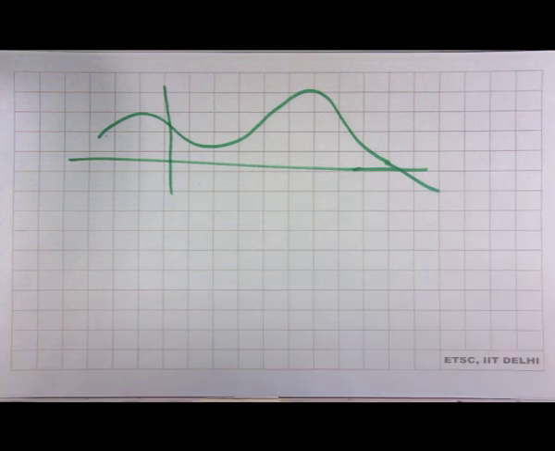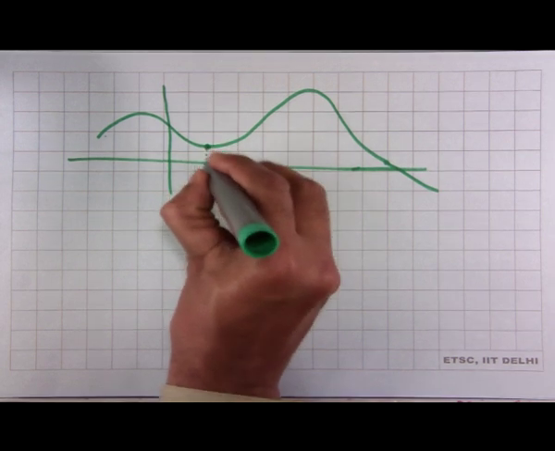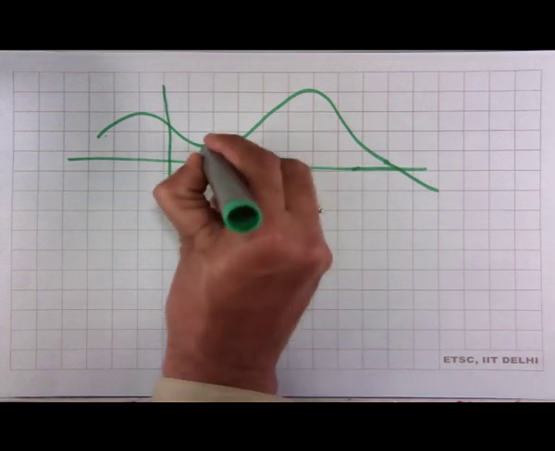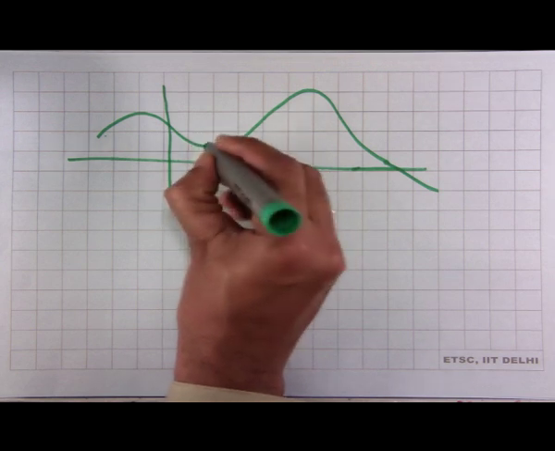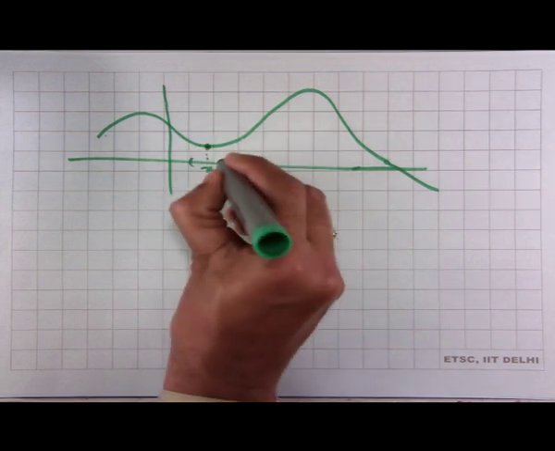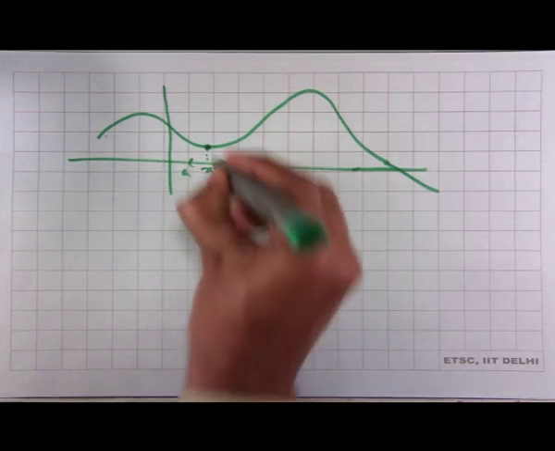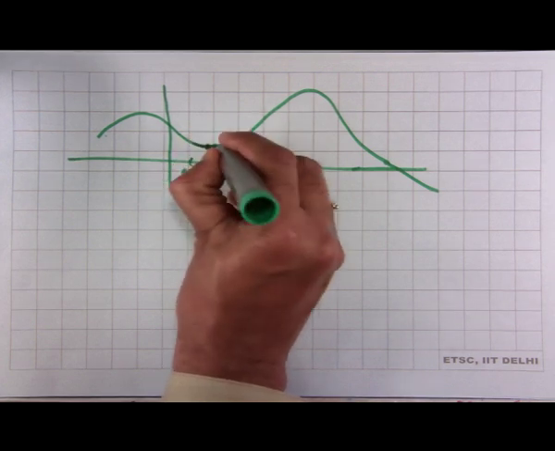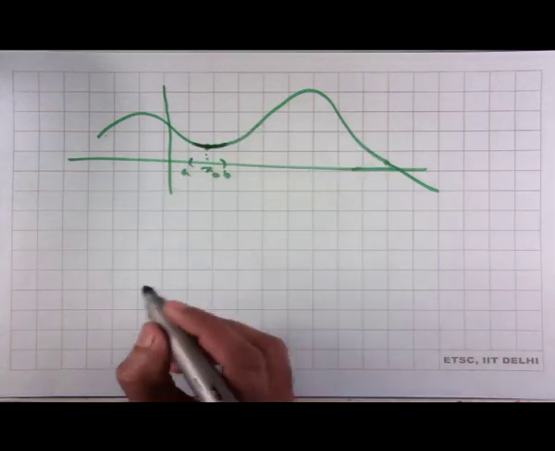Suppose we have this graph. This point here, x naught, is a local minimum of this function, because if I take an interval here, a b, then the value of the function f of x naught is the minimum of all the values of the function in this interval.